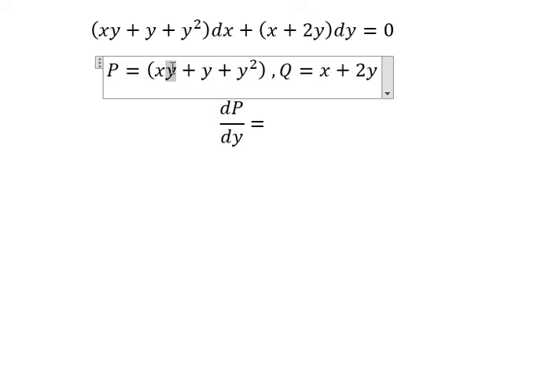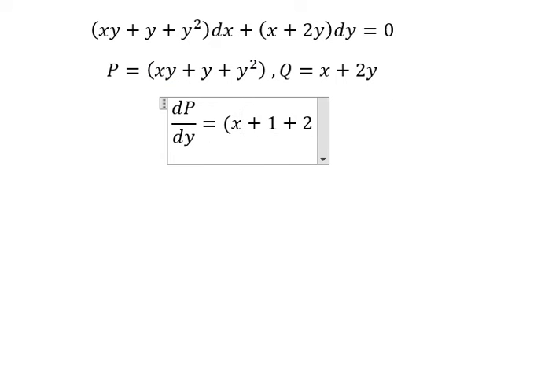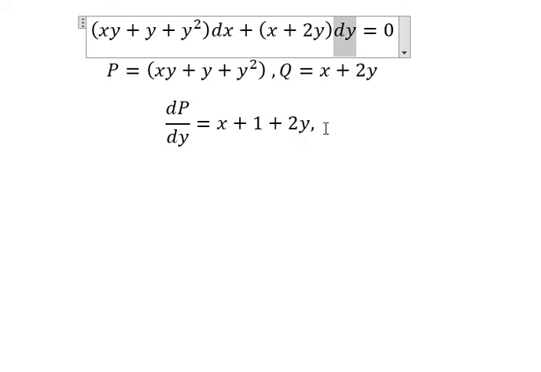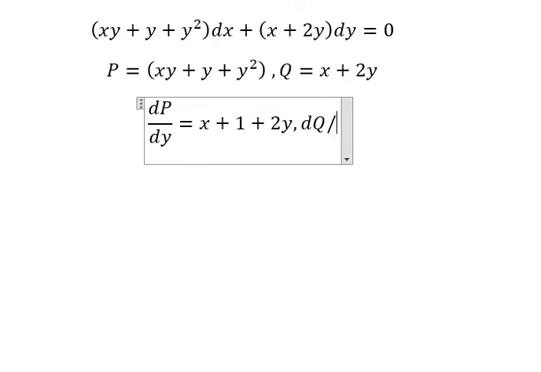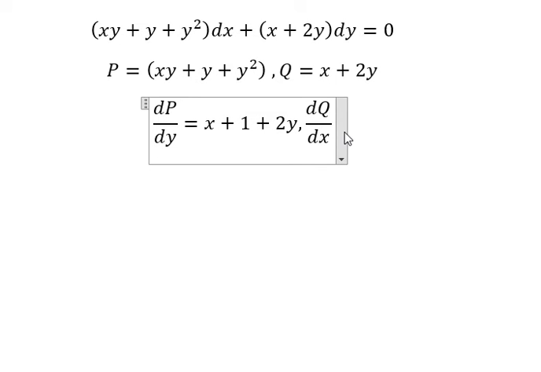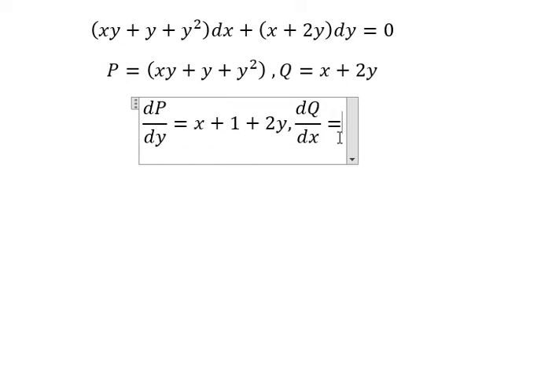So we have y, and y squared in here. So this one we have x plus 1 plus 2y. Next, we have dy. So we need to do first the derivative of q with respect to x. So we just have only this one in here, and that is about number 1.